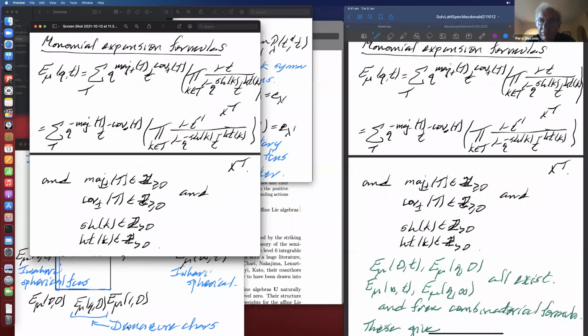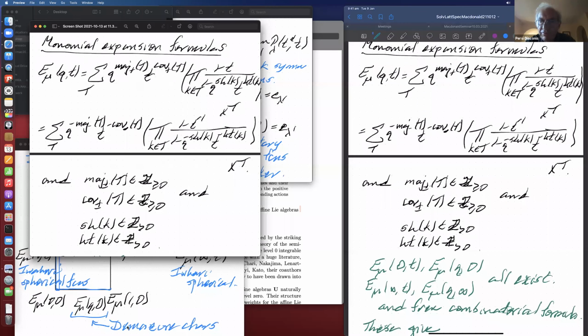So v mu is a permutation of minimal length such that v mu acting on mu rearranges mu into weakly increasing order. So this is an unavoidable piece of combinatorics in the theory of Macdonald polynomials. You have to get used to v mu.